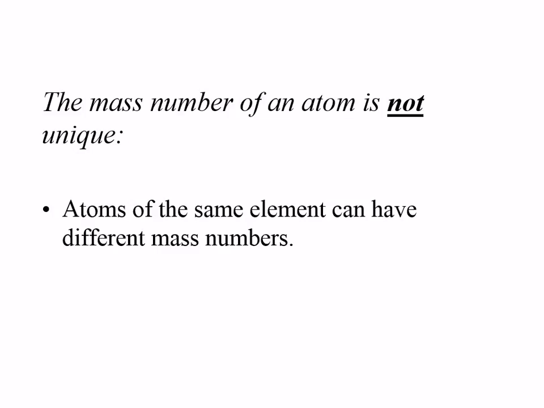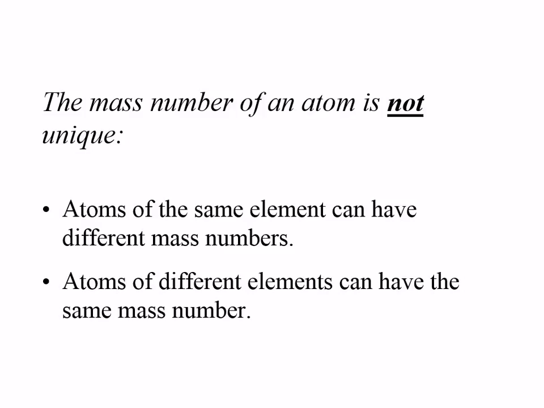So that goes two ways. Atoms of the same element can have different mass numbers. What does that mean? That means you have the same number of protons, but you vary in neutrons. Nature's sort of spice. And you can have atoms with different numbers of protons, so they're different elements, but they can match up with regard to their mass number because you sprinkle in the appropriate number of neutrons. So you can have different elements share the same mass number. Makes sense?